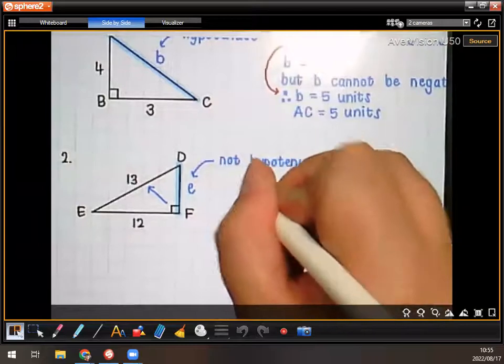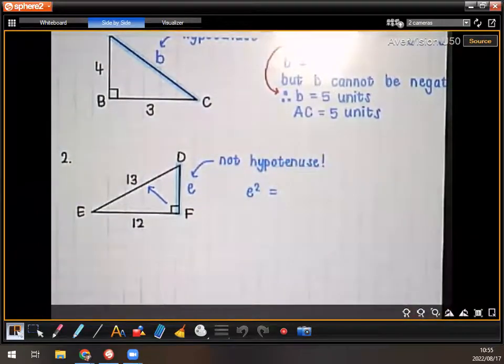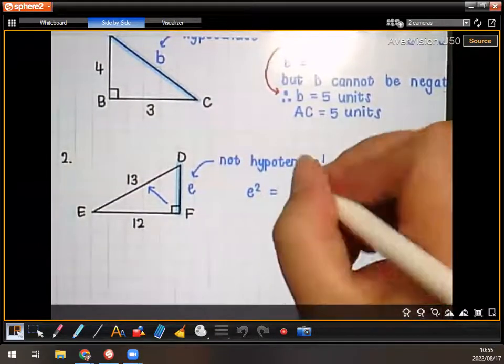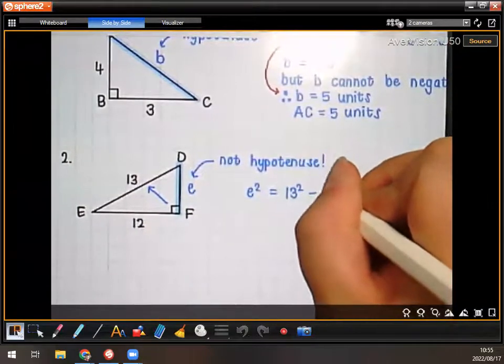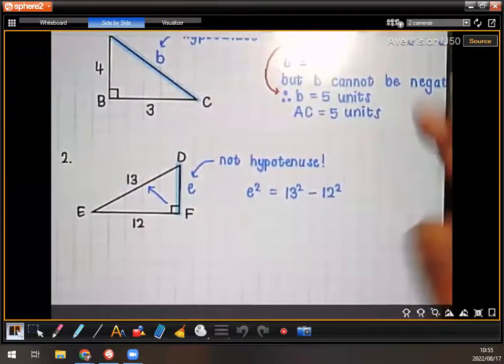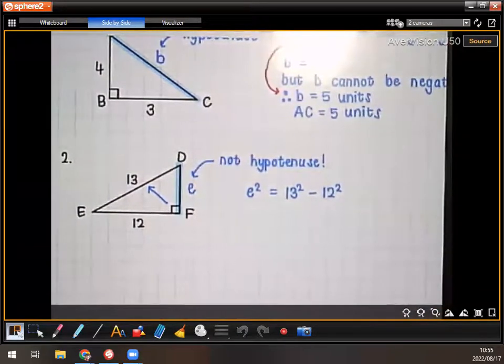So e squared is going to be equal to 13 squared minus 12 squared. Always. If you're finding the hypotenuse, you add the other two squares. If you're finding a side that is not the hypotenuse, you take the hypotenuse minus the other one.